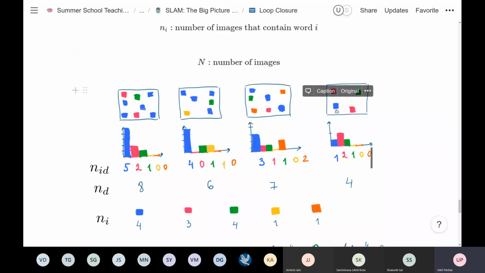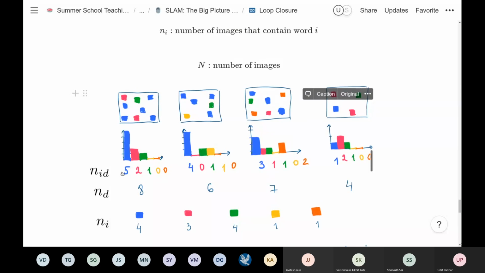These are 4 images, and this is the bin histogram which we earlier created. nid is how many times a word i occurs in image d. So this blue word occurs 5 times, this red word occurs 2 times, and similarly this blue word occurs 4 times in this image.